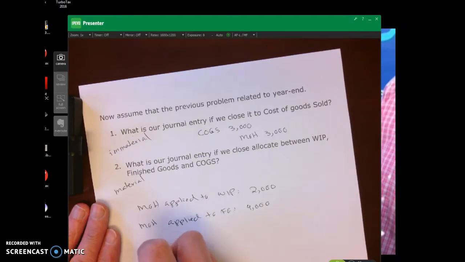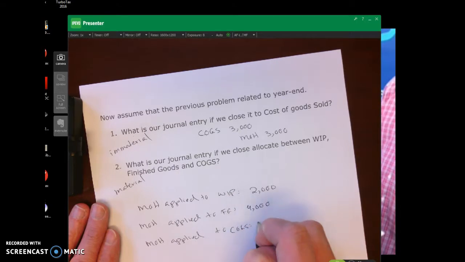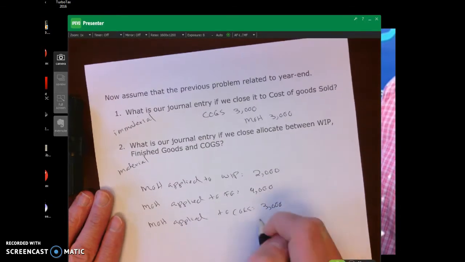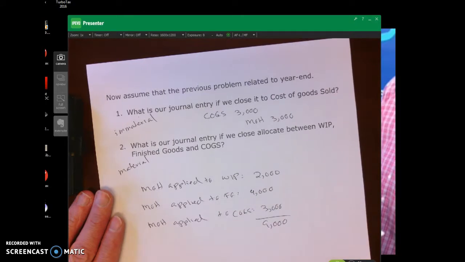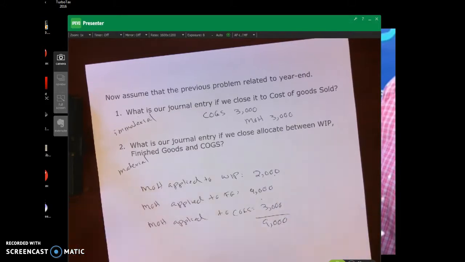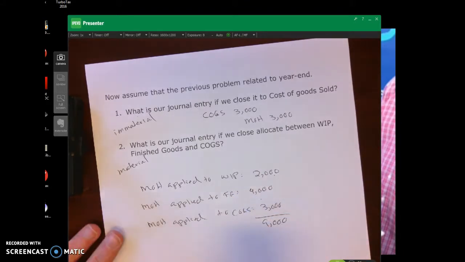And MOH applied to jobs in cost of goods sold is equal to our $3,000. If you add up all these, you get a total of $9,000, which is the amount of overhead that we applied. So I'm going to use these ratios to calculate how much of that $3,000 goes to WIP, how much goes to finished goods, and how much goes to cost of goods sold.